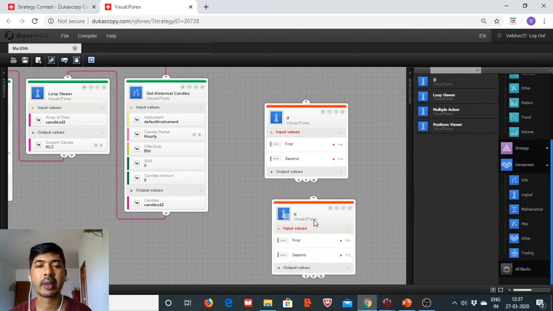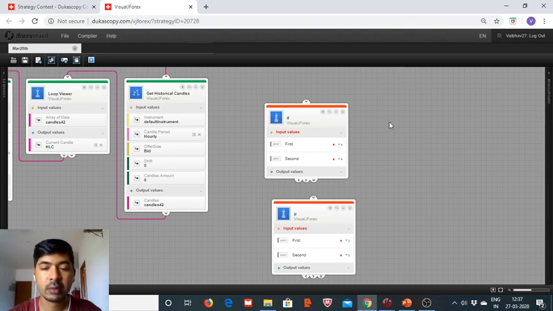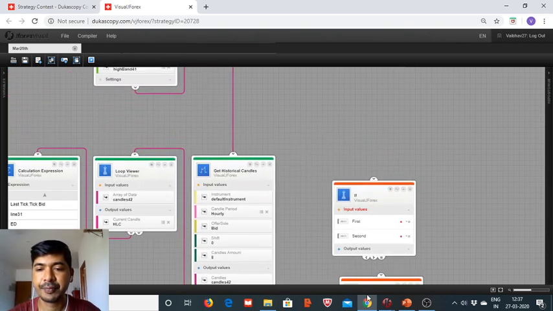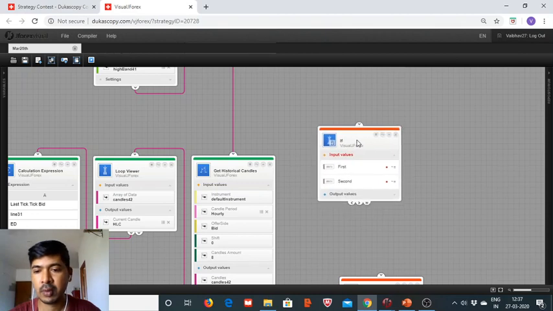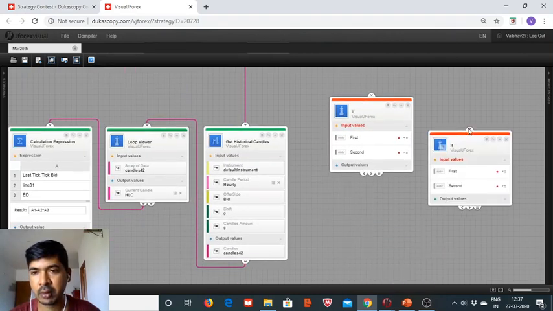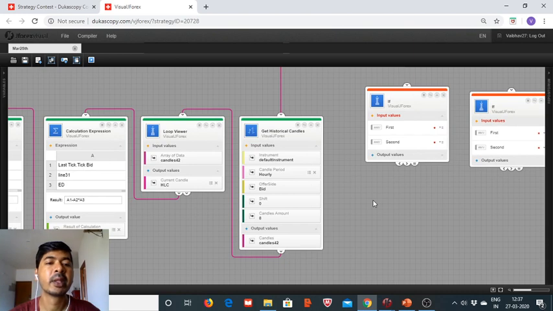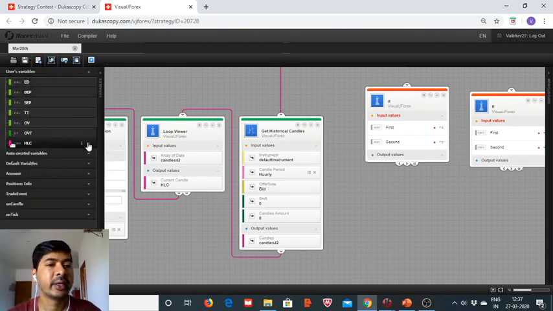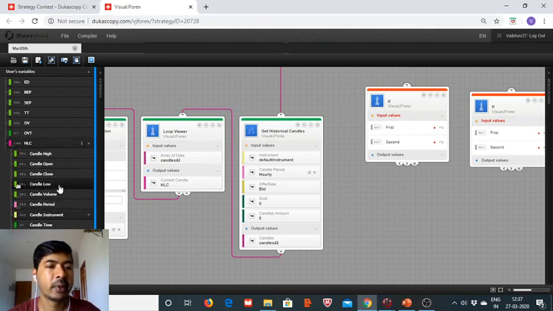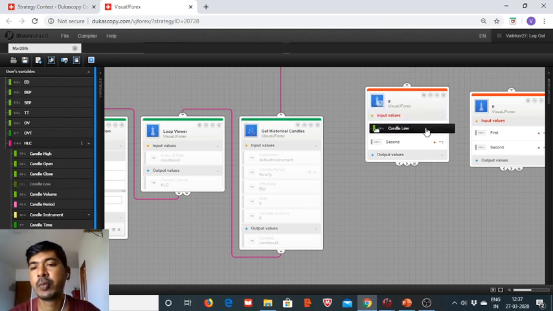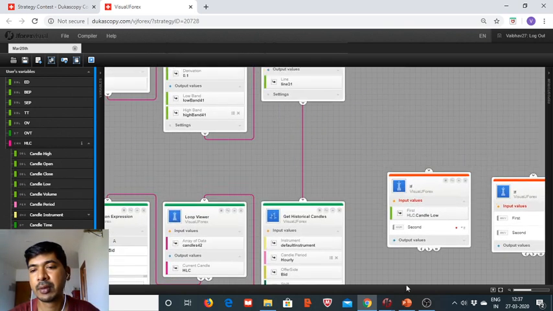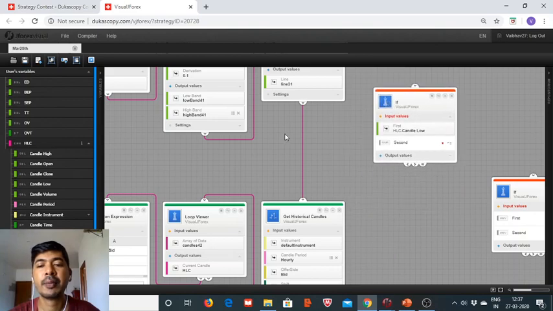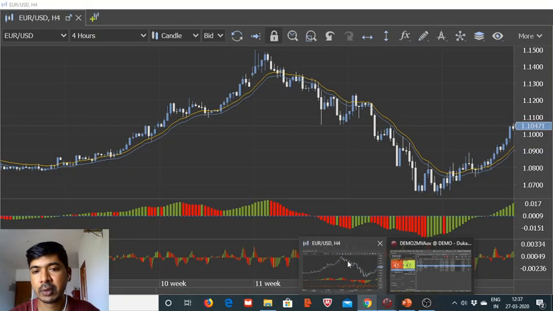Now, for the buy side we need the HLC's candle low to be below the band.